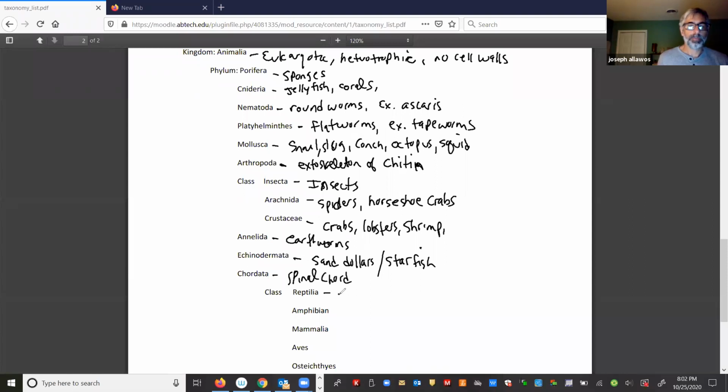Okay. Reptilia, obviously, are the reptiles. For example, snakes, turtles. Amphibia are the amphibians. Mammalia are the mammals. Aves are the birds. And Osteichthyes are the bony fish.